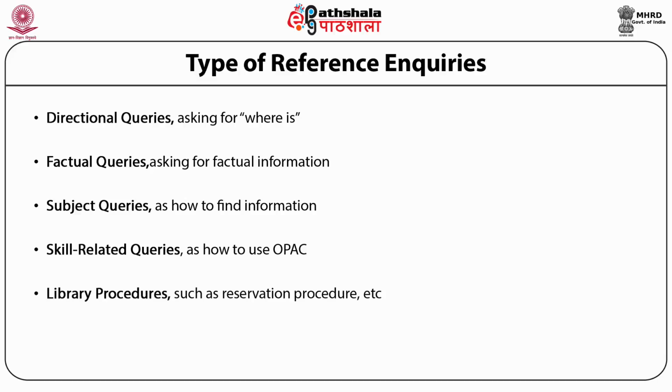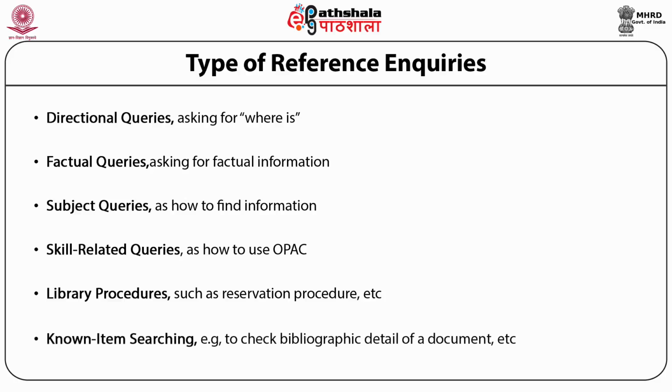Queries relating to library procedures involve things such as knowing the reservation procedure, library working hours or library loan procedure. Queries related to known item searching pertain to checking, for example, the bibliographic detail of a document or an article in a given journal.